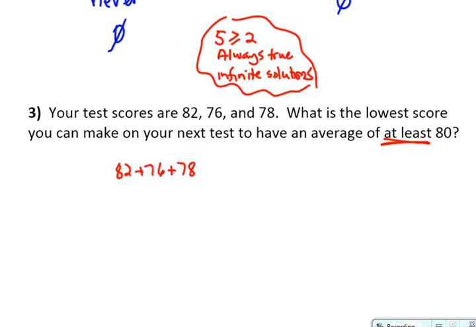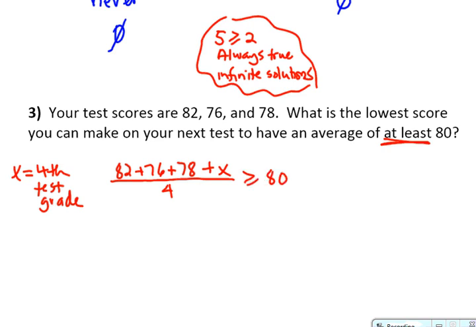And we don't know what we're going to make on the fourth one, so we'll call that x. So x is going to be equal to our fourth test grade. Then we'll look for an average. We add everything up and divide by the number of grades, so we divide by 4. And if it has to be at least 80, then it can be greater than or equal to 80.